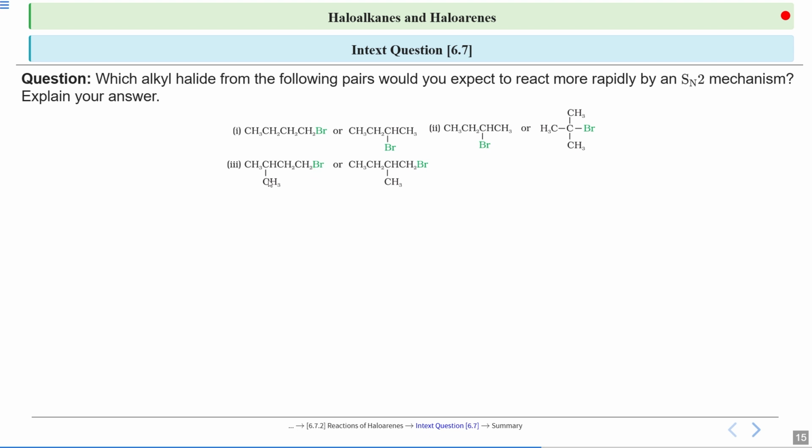We have bromine at the first carbon, and the methyl is present now as a substituent in this chain. And you have this next pair, where the bromine is present at the first carbon, but the methyl is present at the second carbon as a substituent. Okay, so you have these three parts of this question where you have been given the alkyl halide pairs. You have to tell which of the following pairs is expected to react more rapidly by the SN2 mechanism, and you also have to explain your answer.